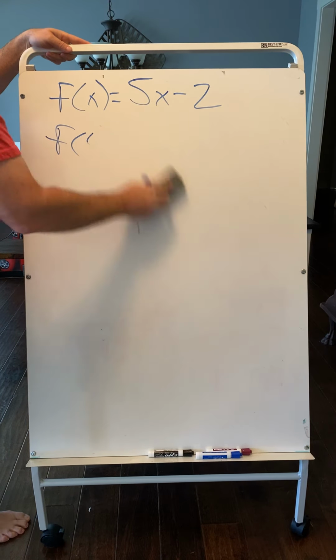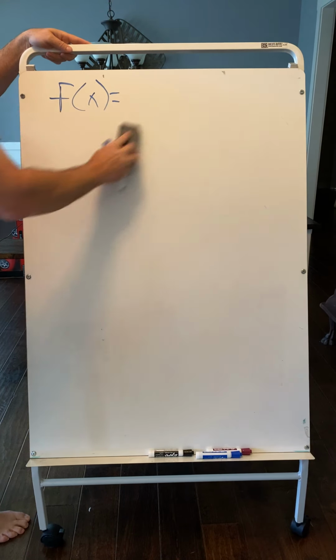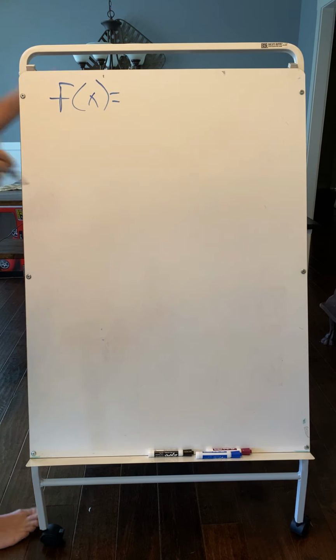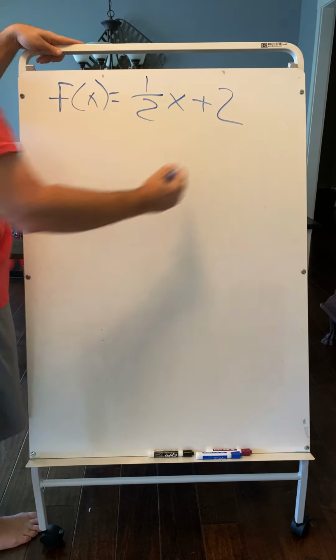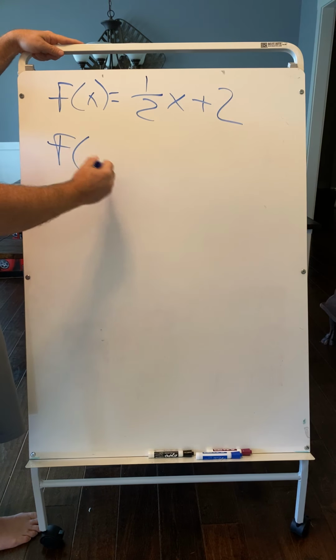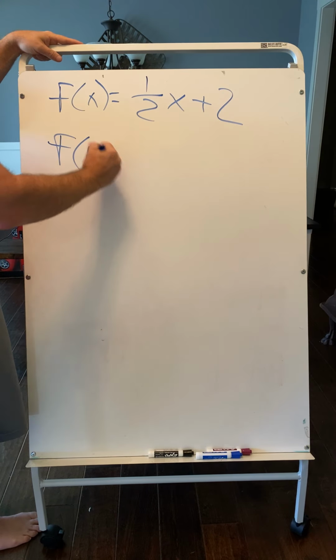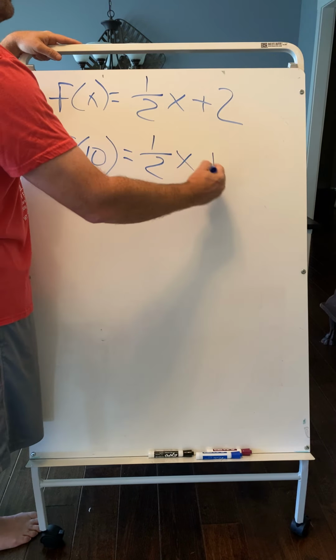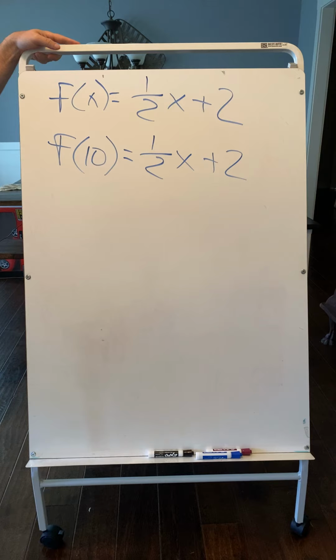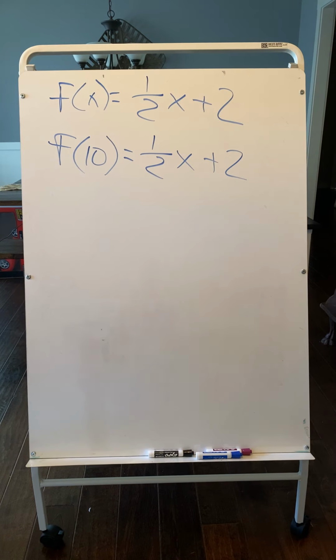Let's try one that has a fraction. f of x equals 1/2 x plus 2. And they're going to tell you to use f of 10. Okay, pause it, try this one, and then come back and see how you did.